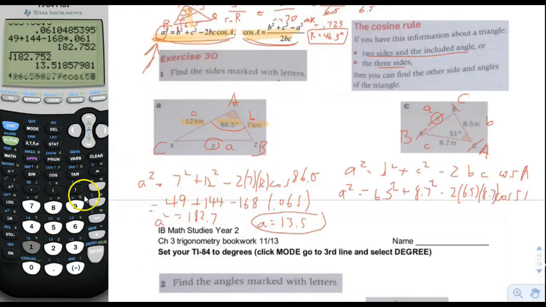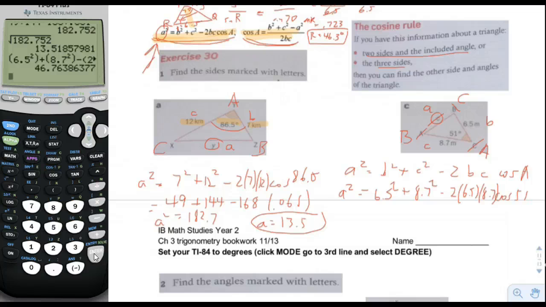Cosine of 51. Okay. And our answer is 46.76.